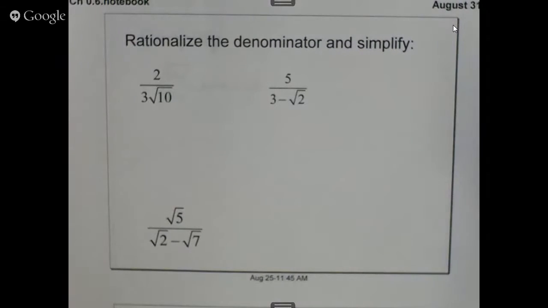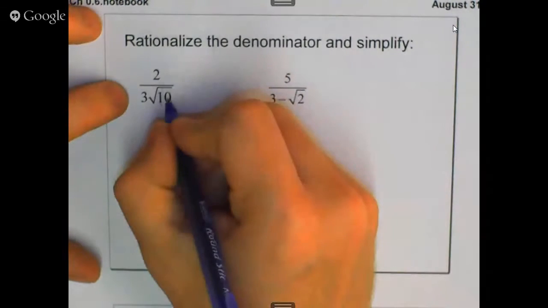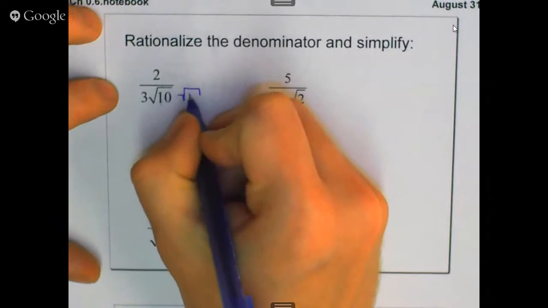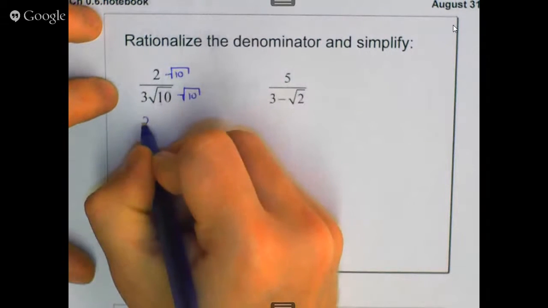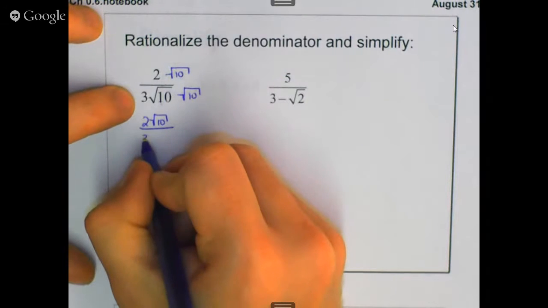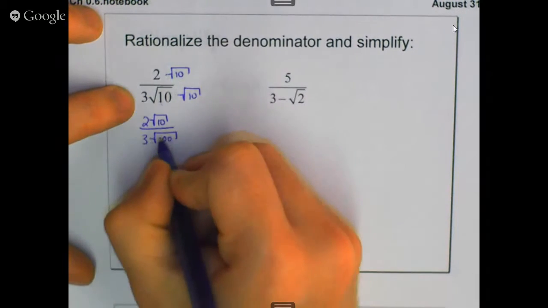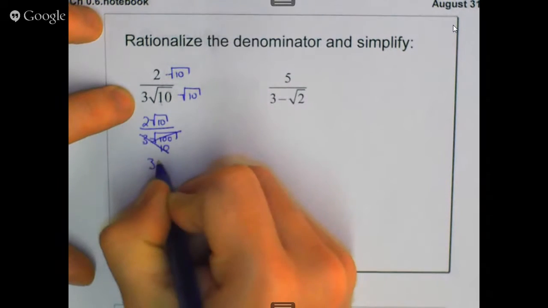Okay, rationalizing the denominator and simplifying. So here, I did have one here. So we will get rid of this. Since there's only 1 term, we can just multiply by radical 10 on top and the bottom. So on the top, I'll have 2 radical 10. And on the bottom, I have 3 radical 100, which the square root of 100 is 10. 3 times 10 is 30.